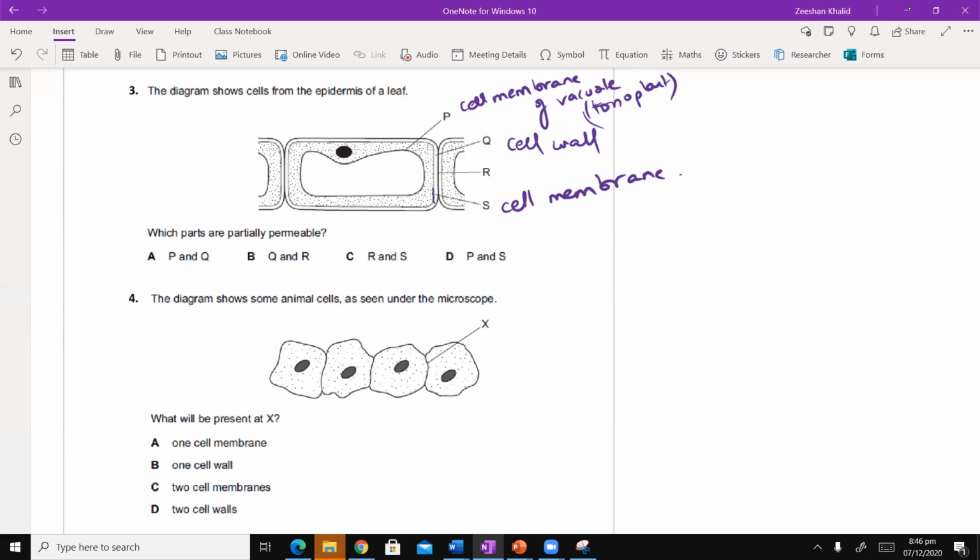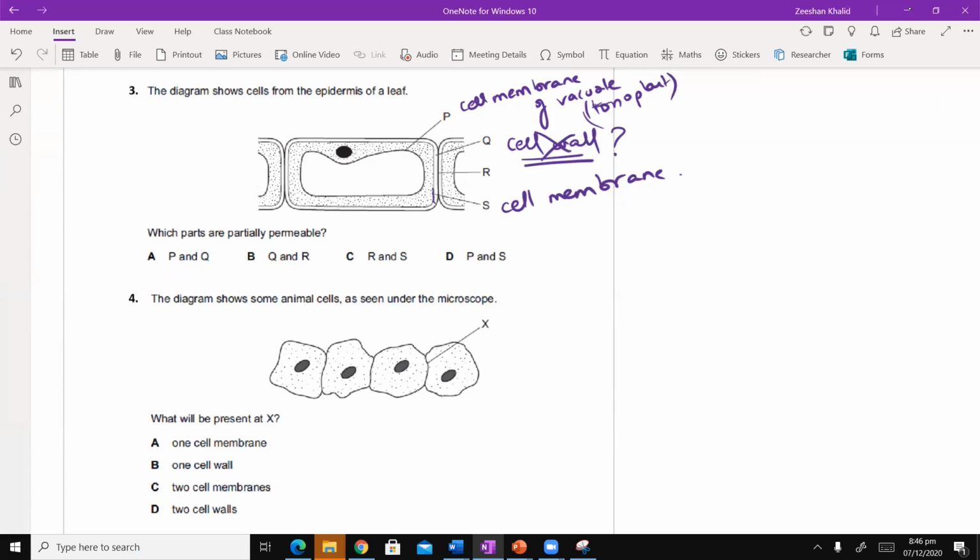Is the cell wall partially permeable? What do you think, children? No, sir. It's freely permeable. So that's out of the question. Q cannot be it.